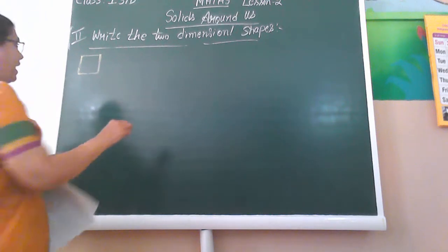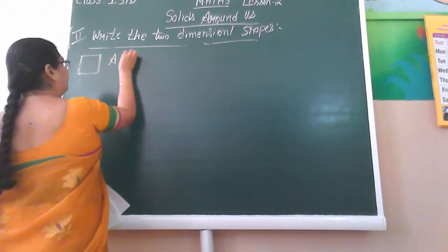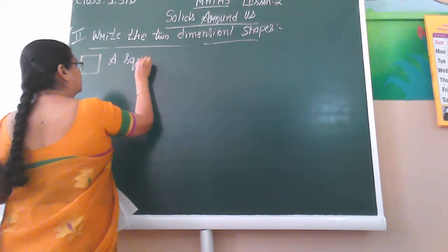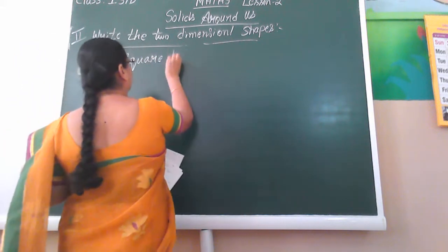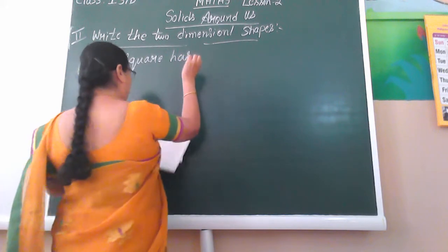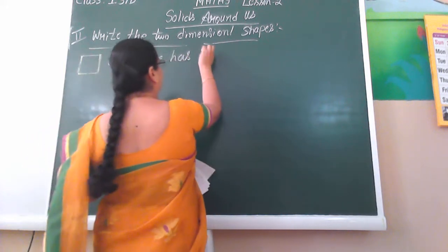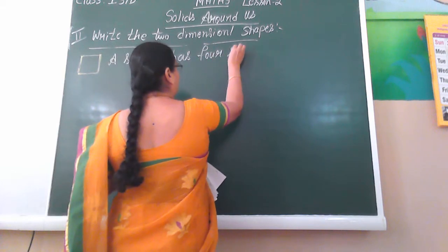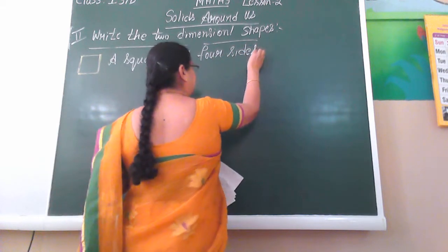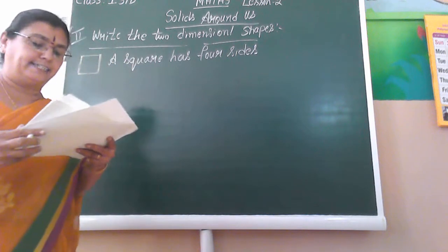A square has four sides. Square has 4 sides.